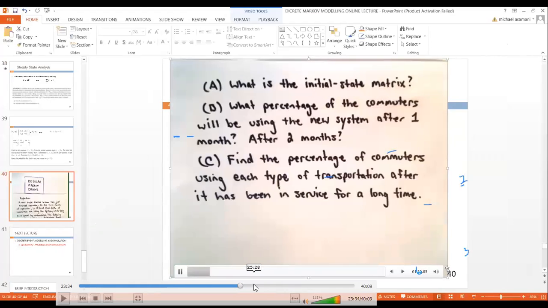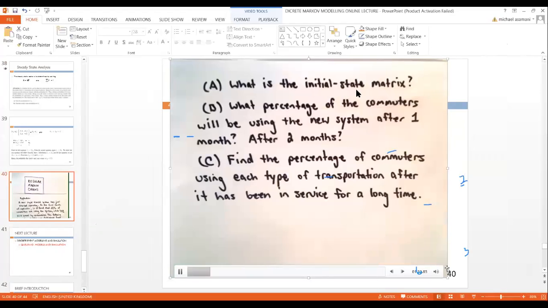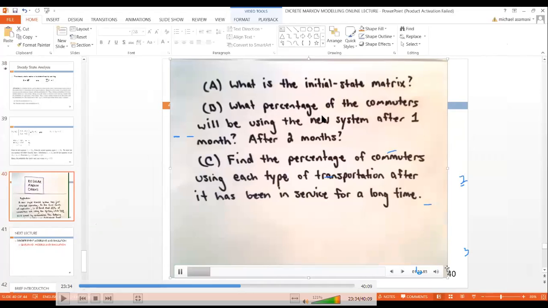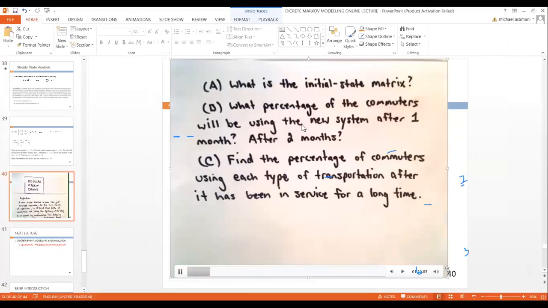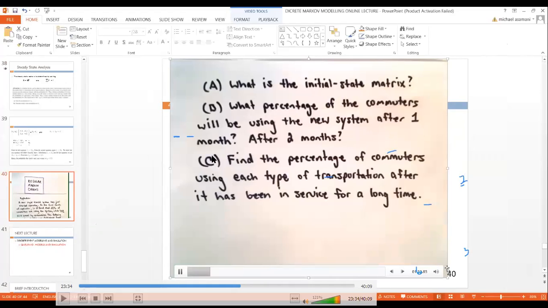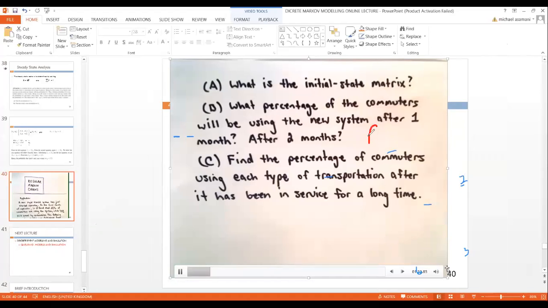Okay, so it says what is the initial state matrix, and then what percentage of commuters will be using the new system after 2 months. After 2 months means we'll be looking at the 2-step transition probability, that's P raised to the power 2. Then it says find the percentage using the new system after 1 month.